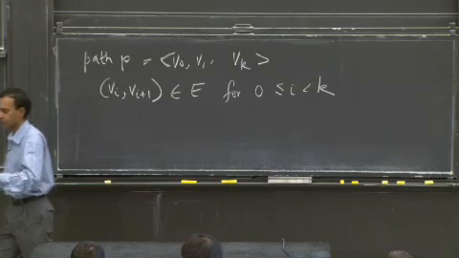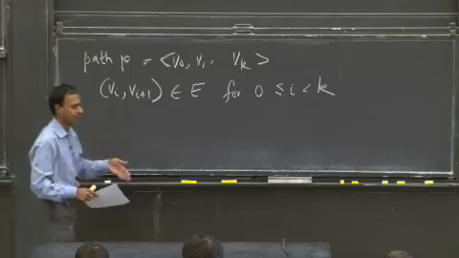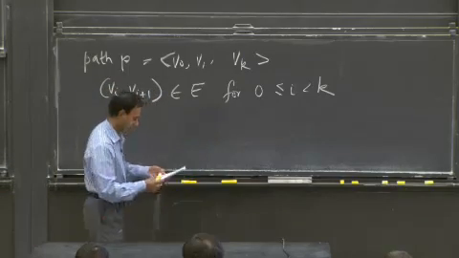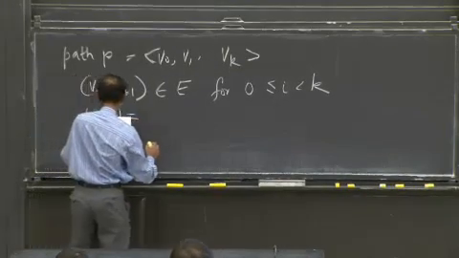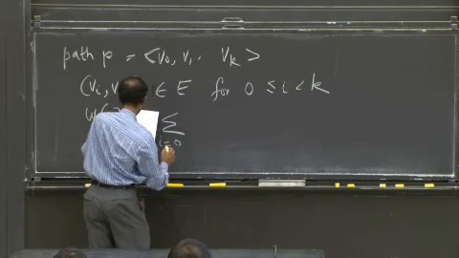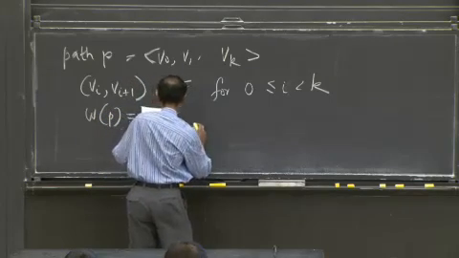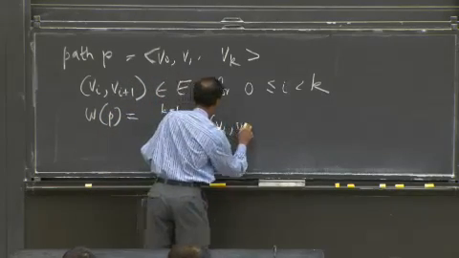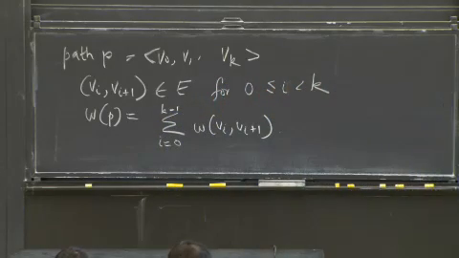So a path is a sequence of edges, and each of those edges has to be in the graph, in the set of edges E. And W of P is the weight of the path. We know about the weight of edges; those are easy, they're given by the W function. The weight of the path is simply the summation of the weights of the edges. Fairly obvious definitions, but we have to get these right in order to solve the problem correctly.